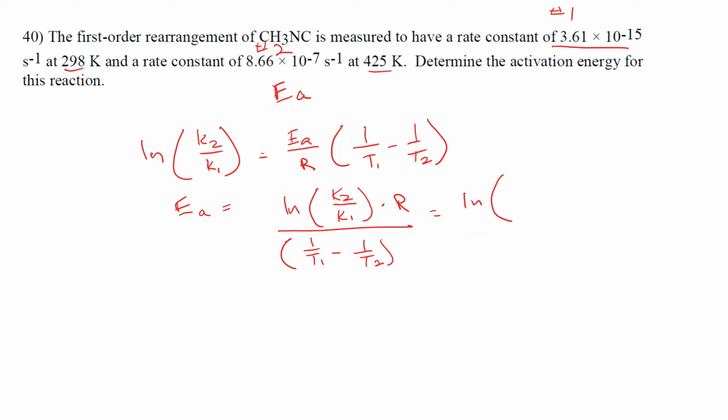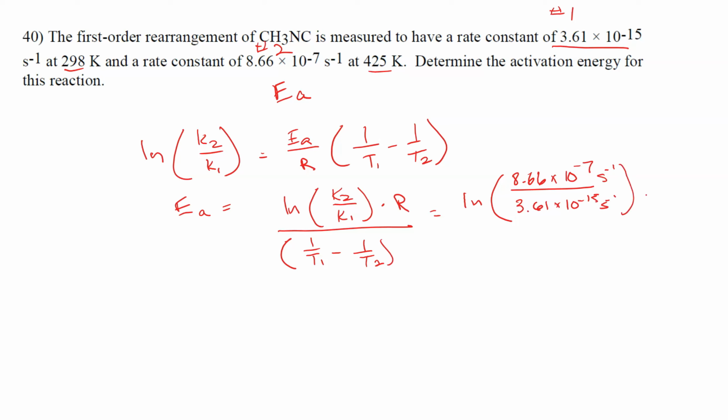Natural log, what's K2? K2 would be 8.66 times 10 to the minus 7 per second over 3.61 times 10 to the minus 15 per second.